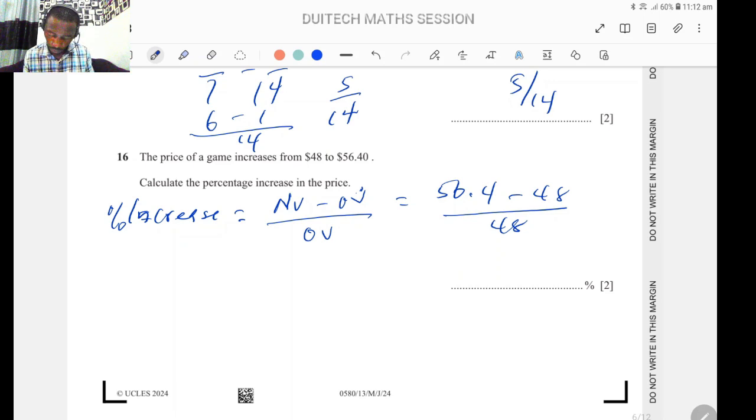So 56.4 minus 48 equals this, now divided by 48, which is the old value. So we'll have 0.175. Because our answer must be in percent, we have to multiply it by 100. So 0.175 times 100 gives us 17.5.